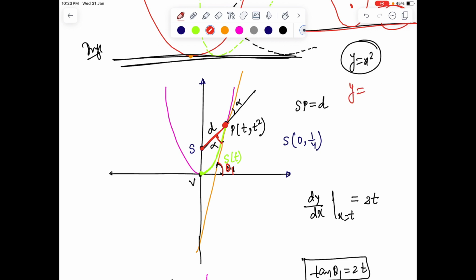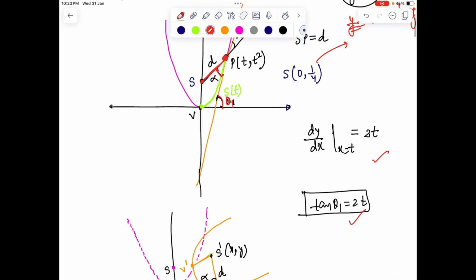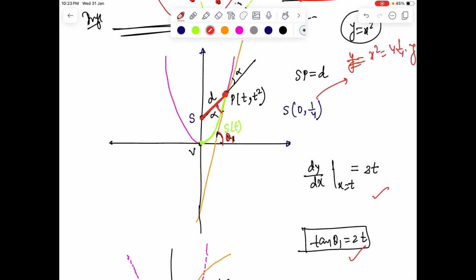So we can easily see the focus for this parabola is going to be 0, 1 by 4 because it can be written as x square equal to 4 into 1 by 4 into y. So what will be the slope of the line at point T? It's 2t. So hence tan theta1 value is 2t. We also know the SP slope, right?